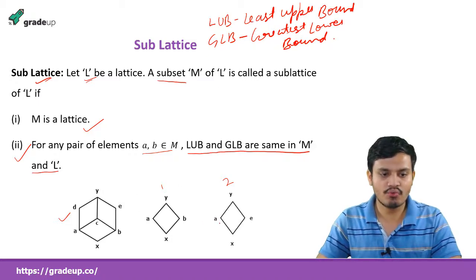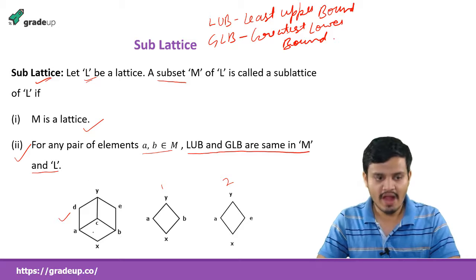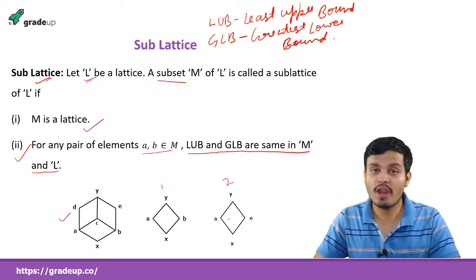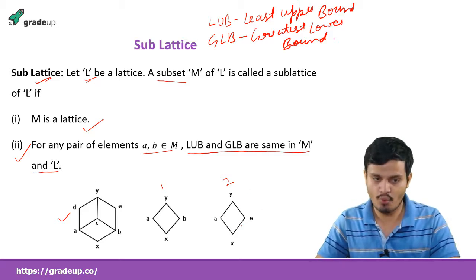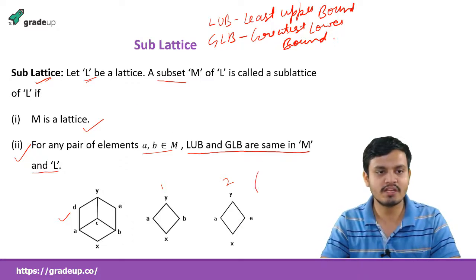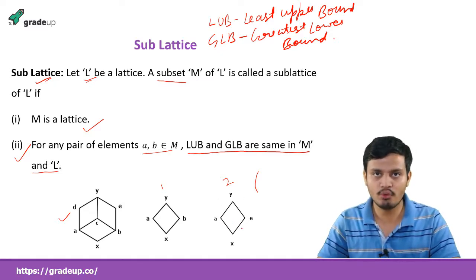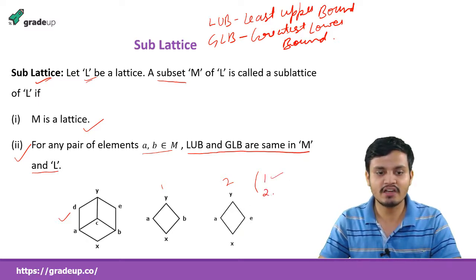First of all, you need to find the LUB and GLB of A and E. You see that it is Y and X, and if I ask here, then also it is Y and X. So the first condition was that the subset M should be a lattice. Yes, because for every pair of elements you have LUB and GLB. So the first condition is satisfied. And what about the second condition?